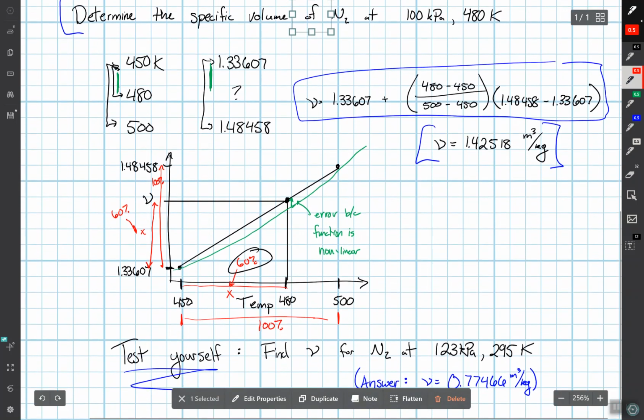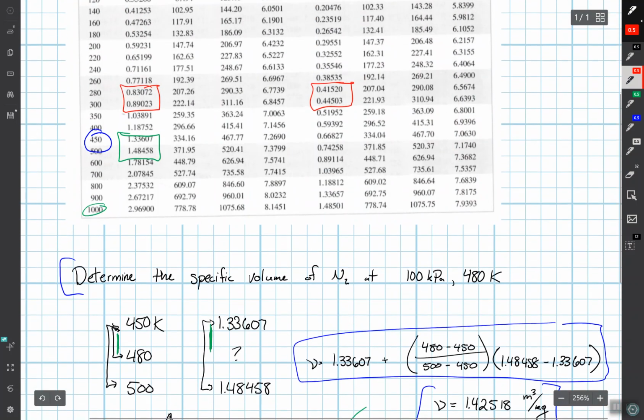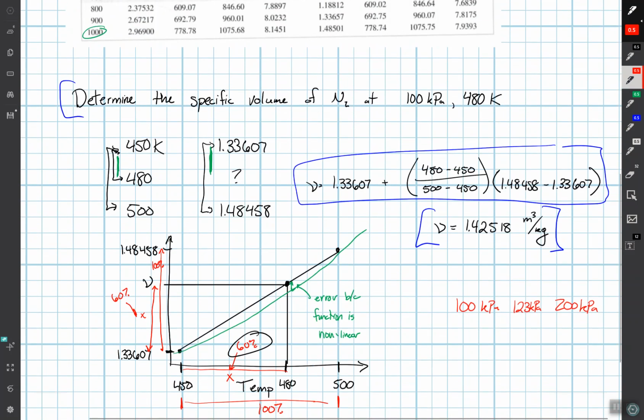What I typically do is make a little snippet of a table. I'll do it over here on the side. So I would do 100 kPa, 200, and then 280 and 300.